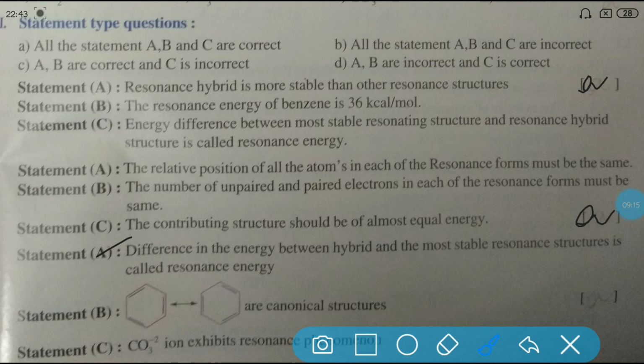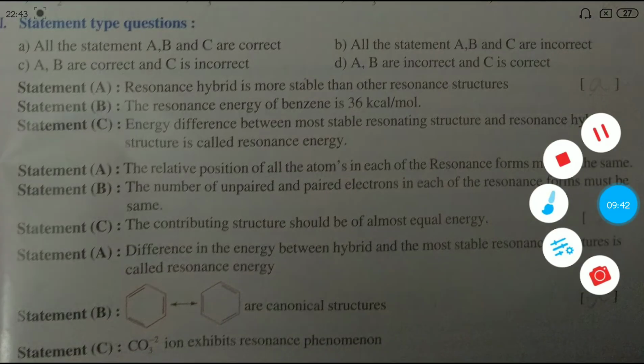They are obviously canonical structures because that is the CC bond order in benzene. So it is also correct. Statement C: CO3 2 minus ion exhibits resonance phenomenon. Third question also we had the same thing, and fifth one also same thing was there. So obviously this statement is also right, and all three statements are right. Option A. Now moving on to the next part.